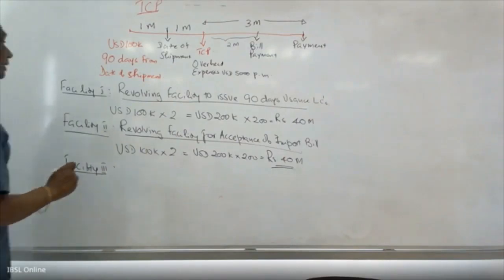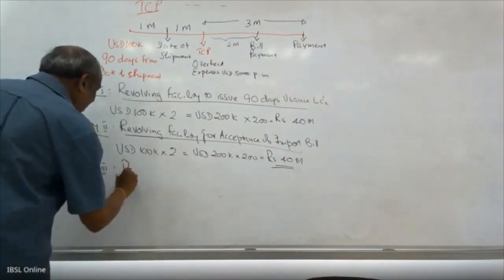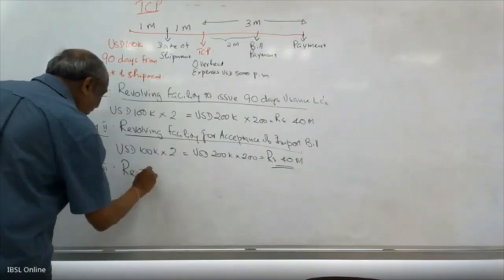Right? Then third one, revolving import loan facility for payment of accepted bills.